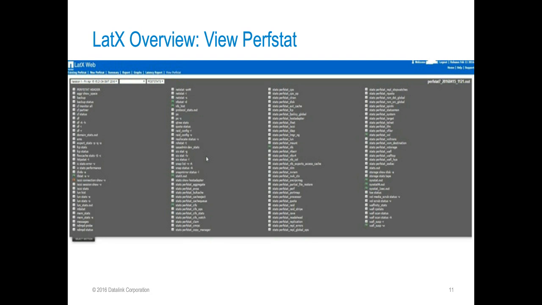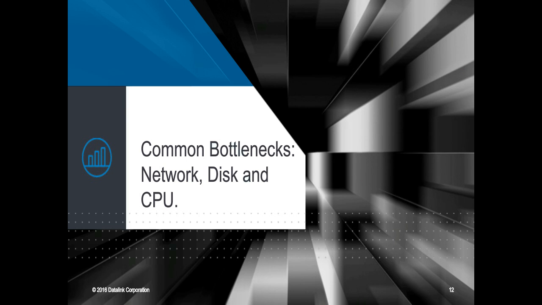Now we're going to go into some of the common bottlenecks, which are network, disk, and CPU. These are the 3 most common bottlenecks we see. And I would say of those 3, disk is the one we run across the most. Spinning disk is usually the slowest part of your storage. SSDs are starting to move that bottleneck to different parts of the storage the same way 10 gig did for the network.